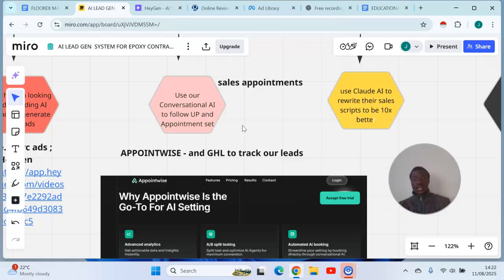Our conversational AI virtual assistant will engage the lead immediately: Hey, I saw you filled in our form, what's your name, and so on. First, it will ask the right questions and try to qualify the lead. After qualifying, it books the lead directly to the client's calendar.